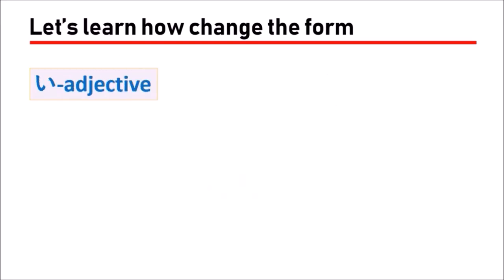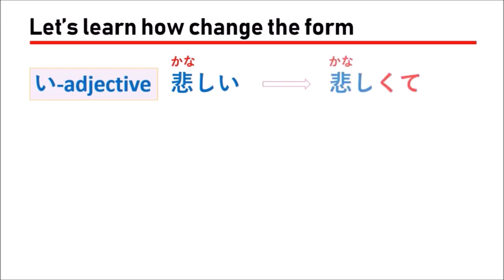Here, we are going to learn how to change the adjective and use it with the grammar Temo kamawanai. Here we have the adjective kanashii. When you change to kute, that means we cut the i and replace it by kute. We can say kanashikute.